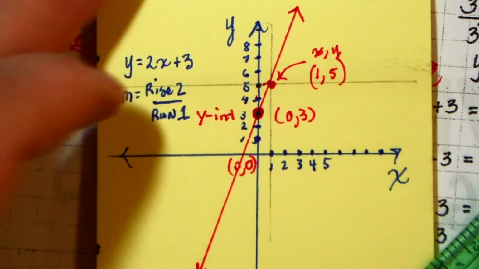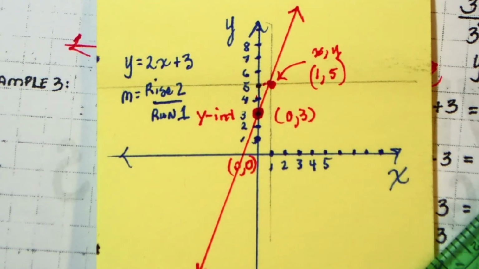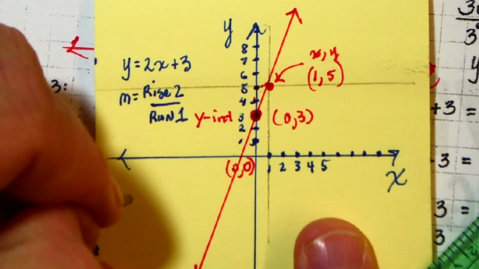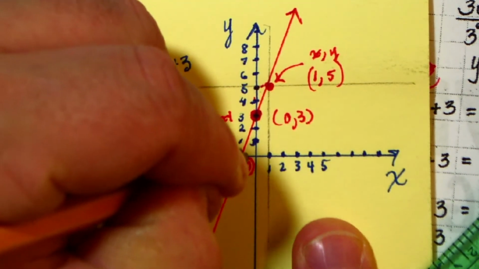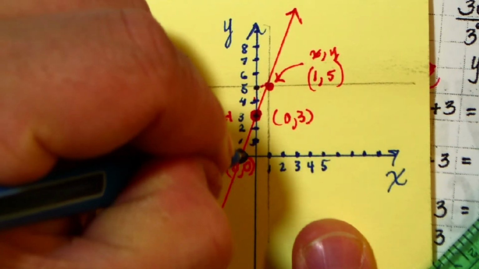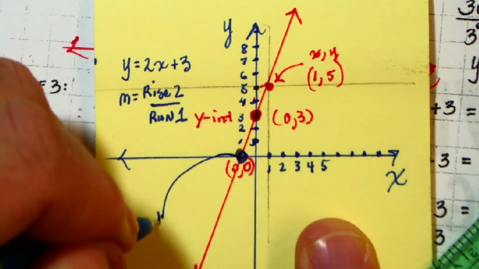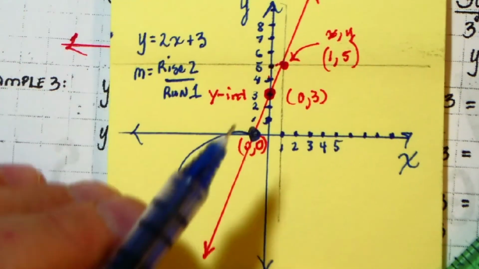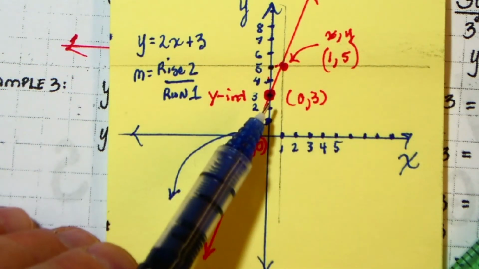Now, today, we're going to focus all of our remaining attention on figuring out what this is. So we've learned how to find out where the graph crosses the y-axis.